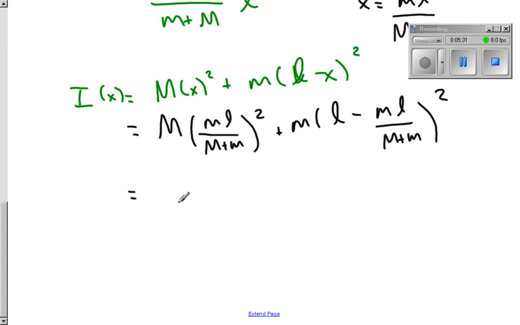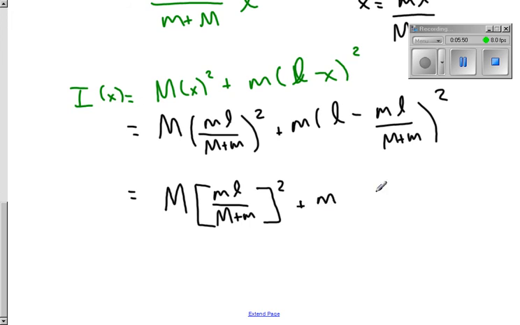I'm going to factor out, I guess I don't really need to factor out very much. I can just leave this first term as is, but I'm just going to use some brackets for a little bit easier notation. But I can factor out an L squared in this next term, and I'm going to actually factor it out at the end, and we'll see why in just one second.